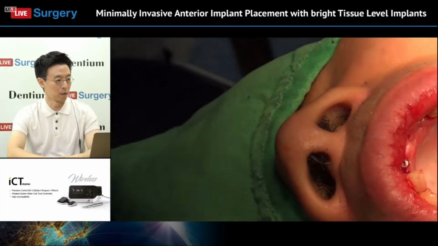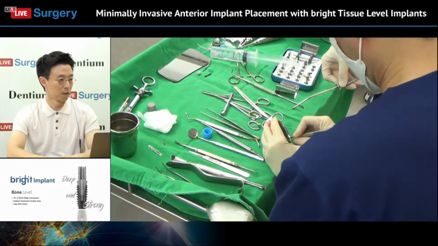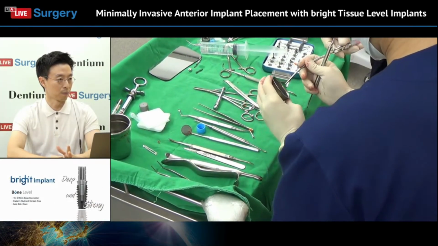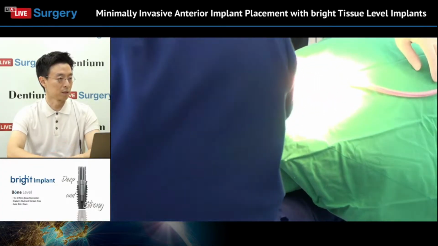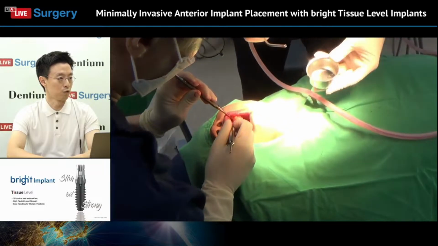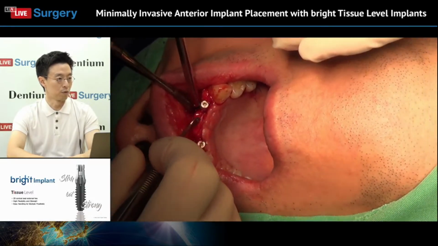I'm preparing the bone graft materials to cover the exposed implant fixture, the both side. I'm using OSTEON Xeno bone graft material.